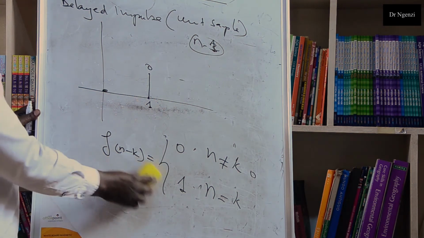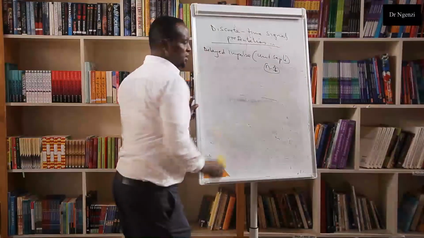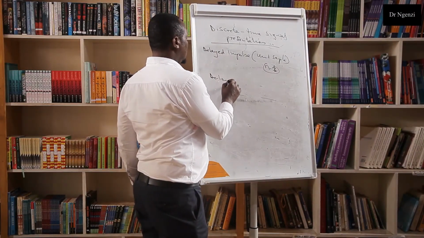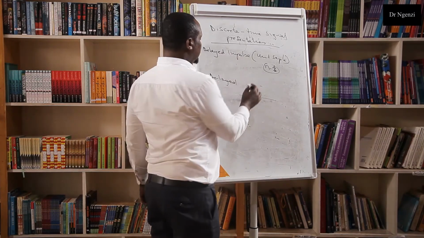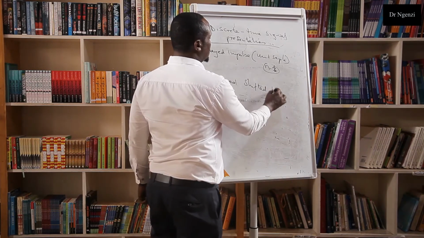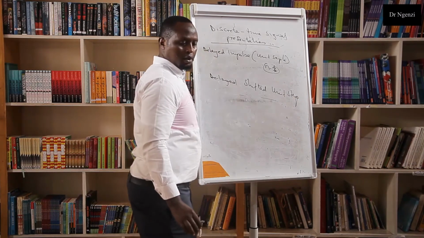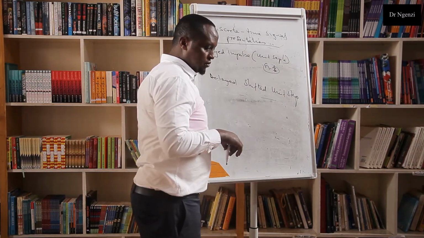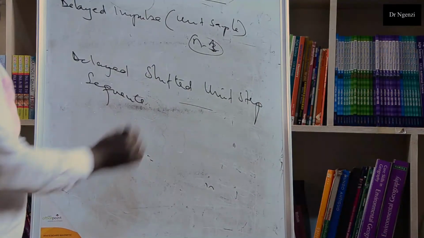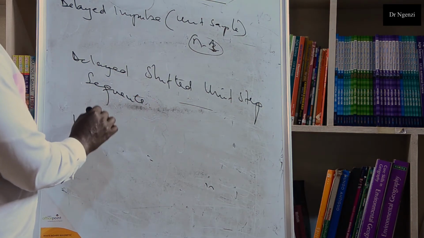You can have a sequence of numbers shifted from one side, for example a delayed shifted unit step sequence, which has been delayed for a certain unit.